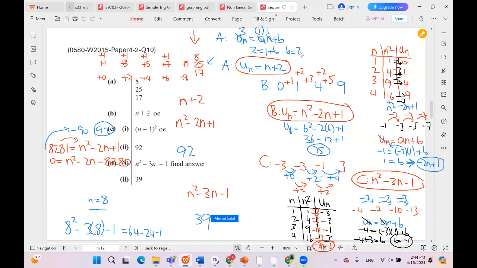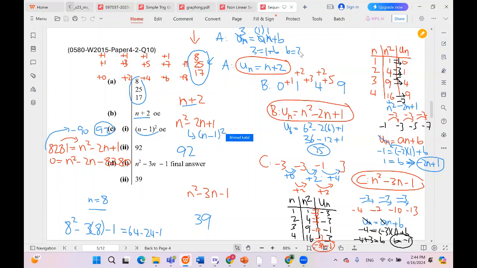So let's check the marking scheme. We have 8 and 25 and 17 for the first 3. So these are correct values here. And then we have n plus 2. This is correct as well. Here we have n minus 1 squared. Of course, this can be simplified into n squared minus 2n plus 1.